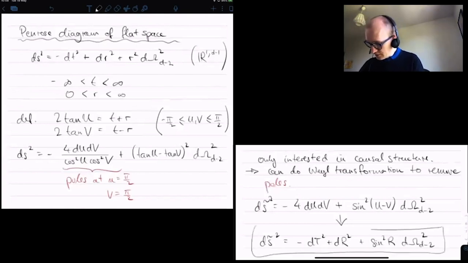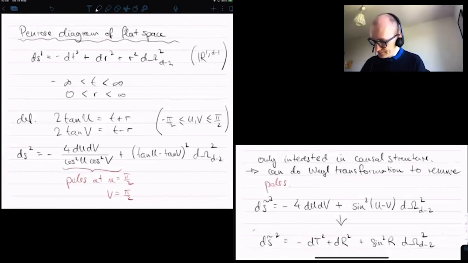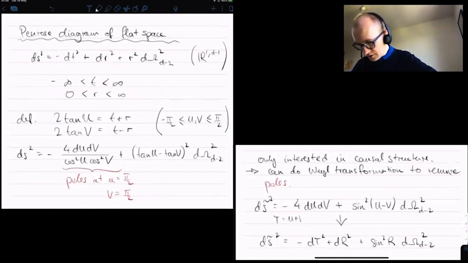Well, not much actually, because all I've done is basically go from the light cone coordinates u, v to non-light-cone coordinates. Some of the features of this app don't work; I would like to put a box around it, but I can't. But anyway, all I've done is define t equal to u plus v, and r equal to u minus v, and then I get this final form of the metric.